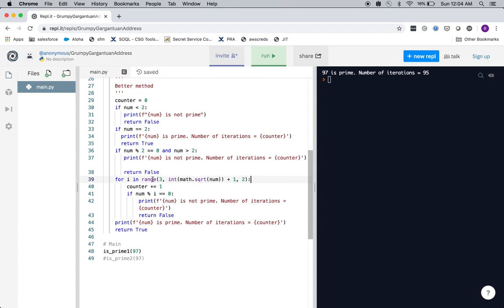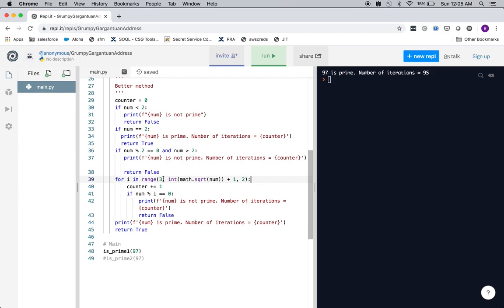So we don't have to check even numbers again, and that would be basically wasting resources, right? So why would I check the even numbers again? Because all the even numbers are divisible by 2, right? So we eliminate a lot of iterations here.